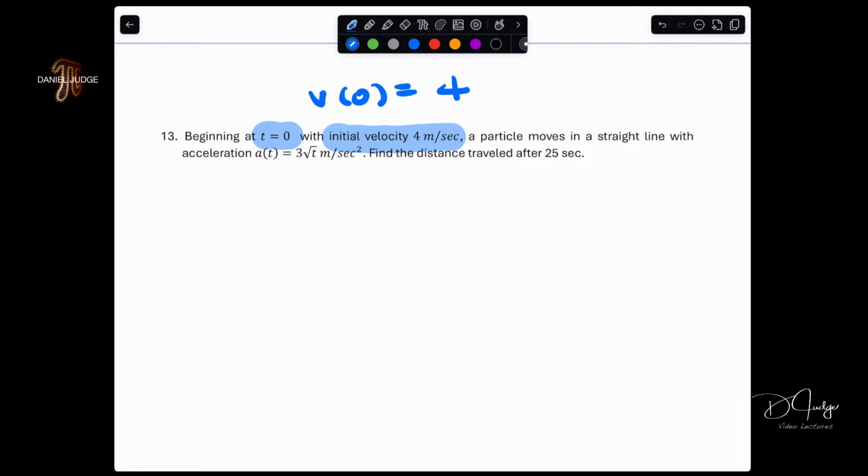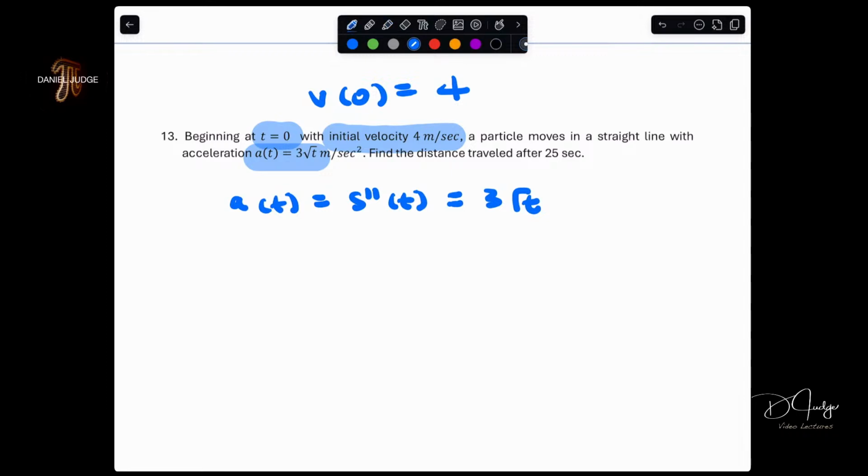Particle is moving in a straight line again. Your acceleration that they gave, which happens to be, ladies and gentlemen, the second derivative of the position function, they're saying now is 3 square root of t. And acceleration is measured in units of meters per second squared. So this is what they mean here.